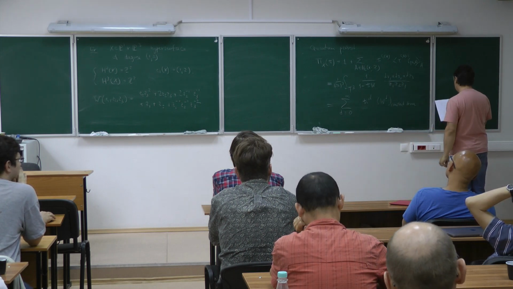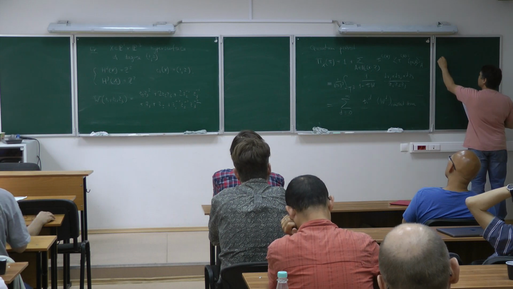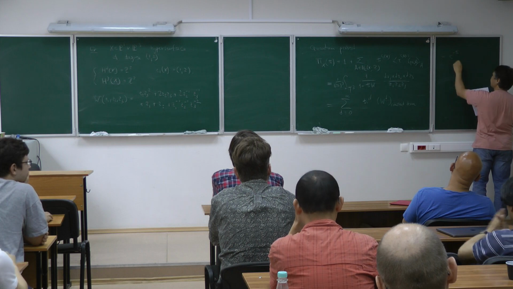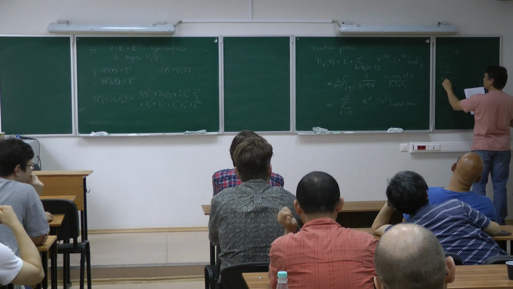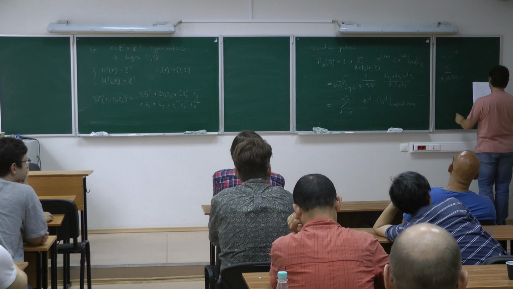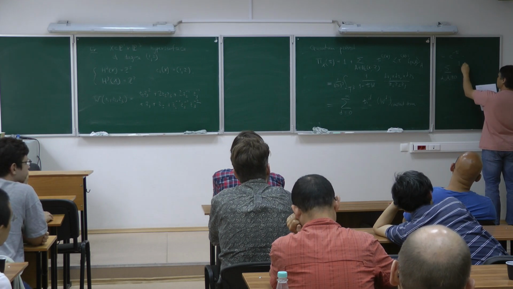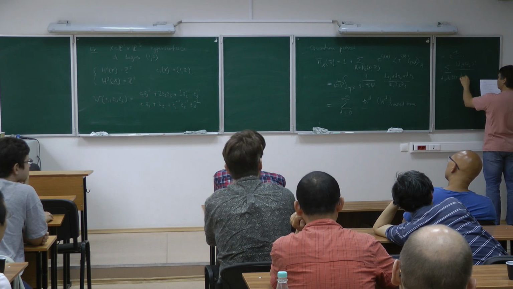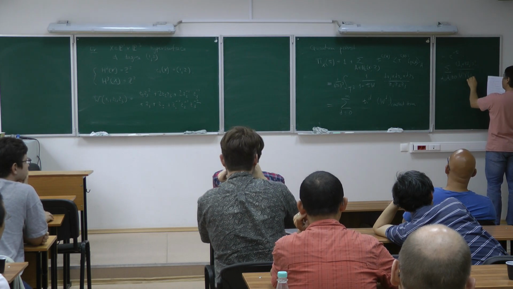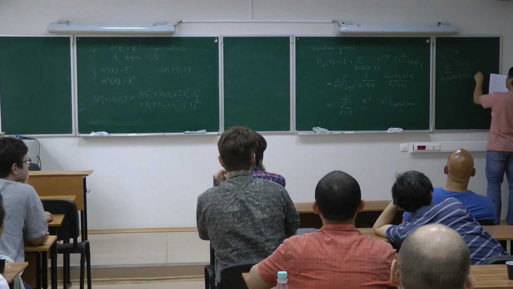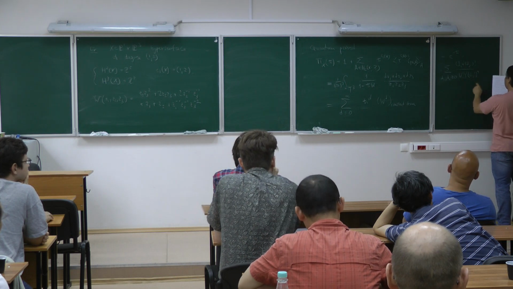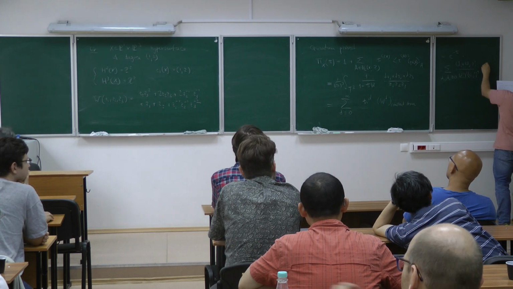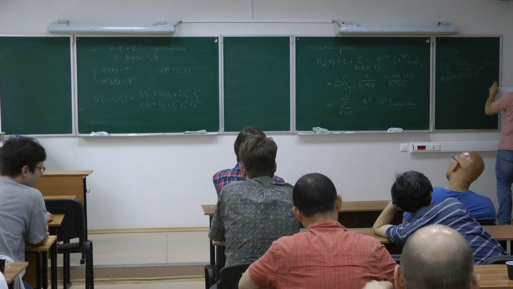So in this example, for instance, you get d2 factorial, (d1 plus 2d2) factorial, and so on, and there's this power here, h bar to the d1 plus 2d2.